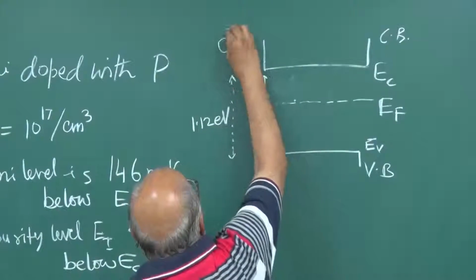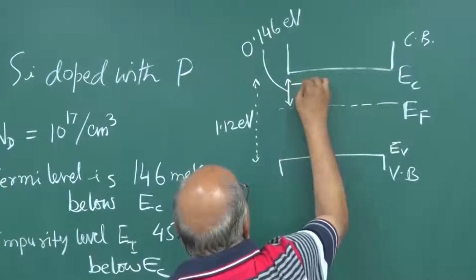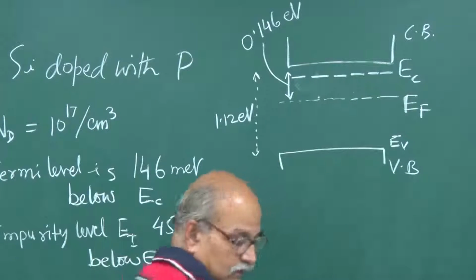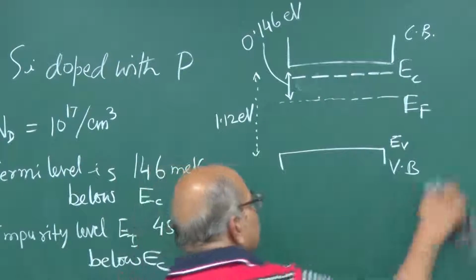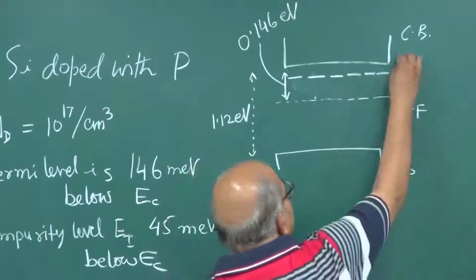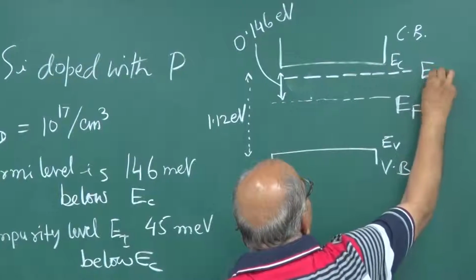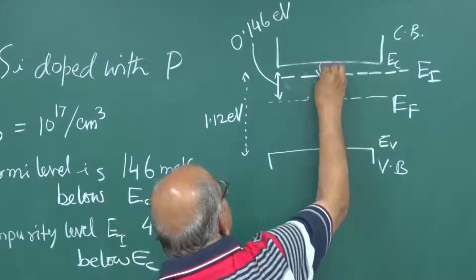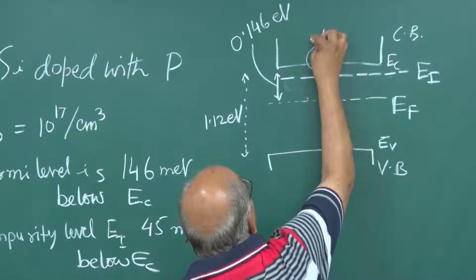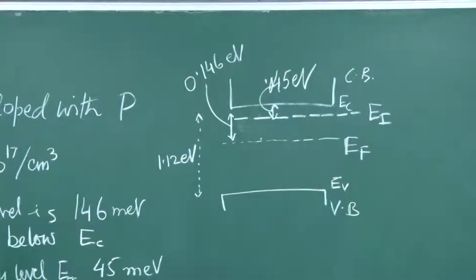Okay, it's a lot of space problem. So this is EC, and then this is EI, the impurity level, and this separation is 45 meV, so 0.045 eV. So these are the data given.